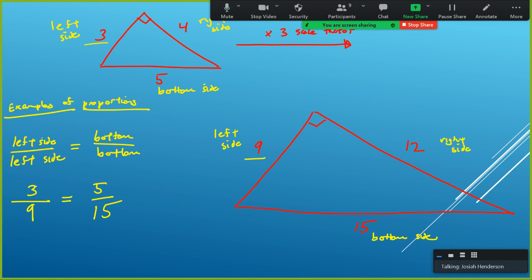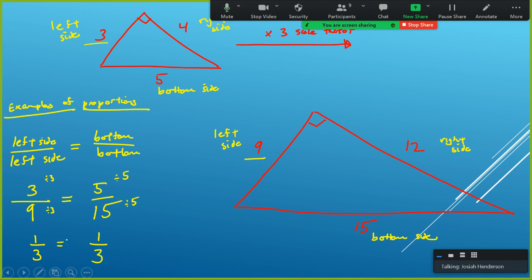We could divide the top by 3 and the bottom number 9 by 3. So dividing by 3 on both sides to reduce the fraction, that's 1 over 3. Can I divide 5/15 by 3 and 3? I can't because 5 doesn't divide evenly by 3, but we can reduce 5/15 by dividing both of these by 5. And then what do we get? We get 1 over 3.